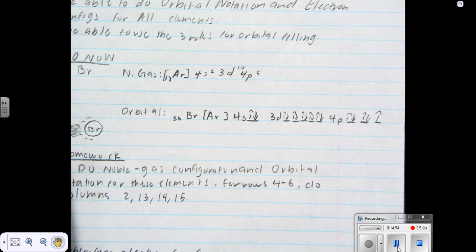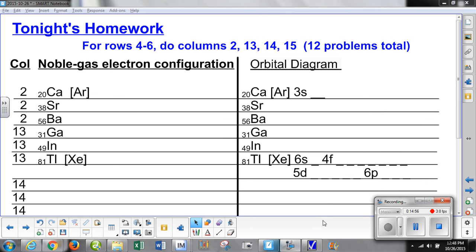Okay, for the homework tonight, October 26th, a Monday. We are doing for rows 4 through 6, columns 2, 13, 14, and 15, a total of 12 problems. On column 2, our row 4 is going to be this.